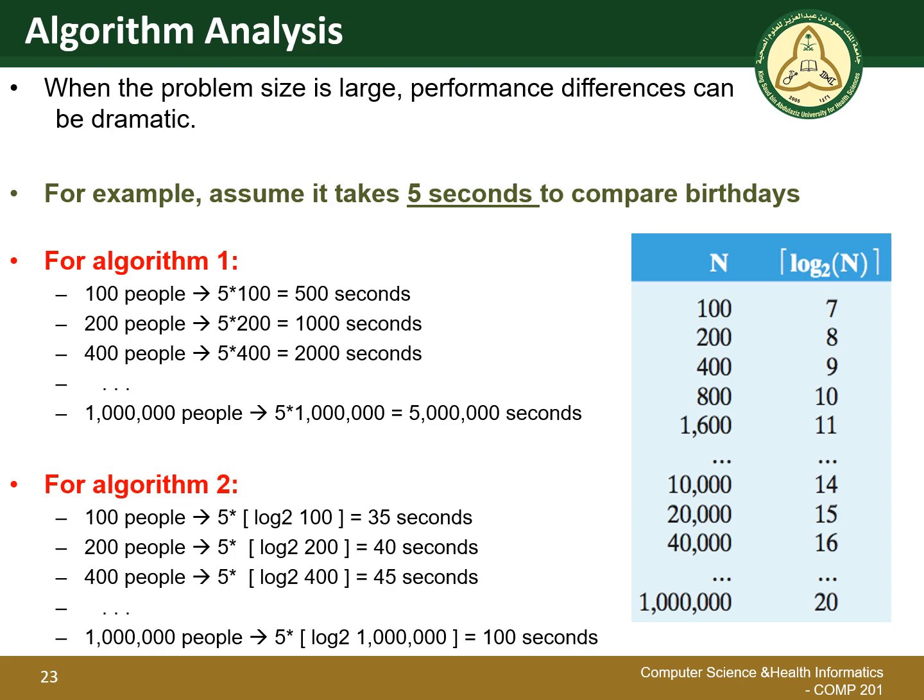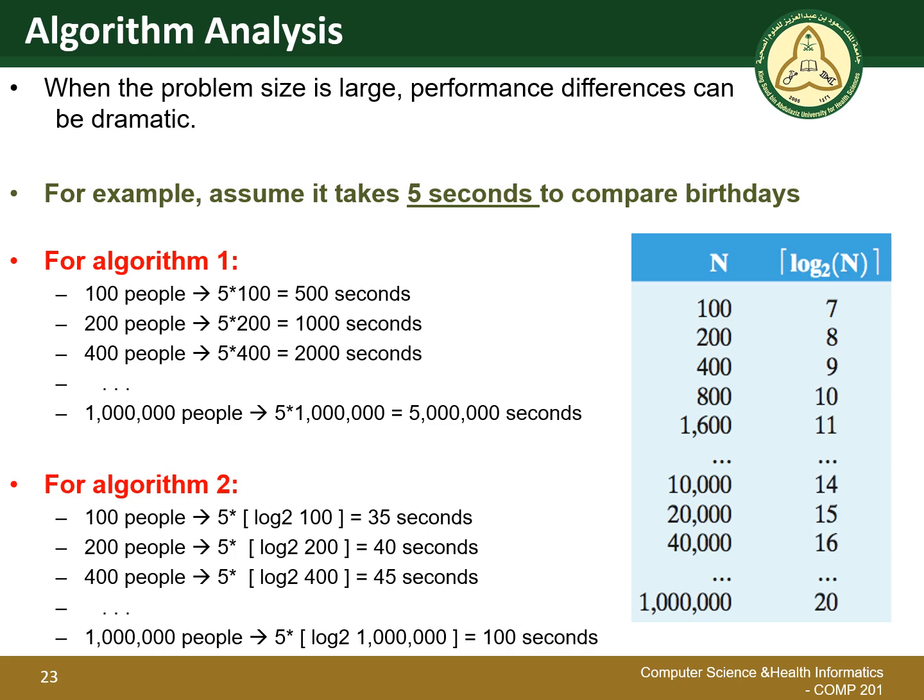So assume that a comparison costs 5 seconds. To check a person, we need 5 seconds. For algorithm 1, time is proportional to the number of people. So 100 people means for each one I need 5 seconds: 5 seconds multiplied by 100 equals 500 seconds, and so on.